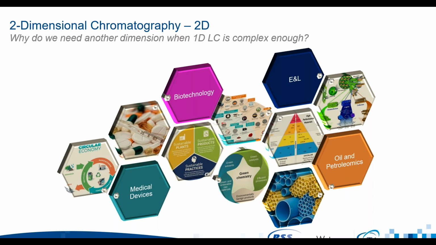And high resolution separation techniques can apply anywhere, not only in what we think of as the stereotypical polymer industry, but all across the chemical and materials industries, and even into pharmaceutical and clinical industries for some applications.